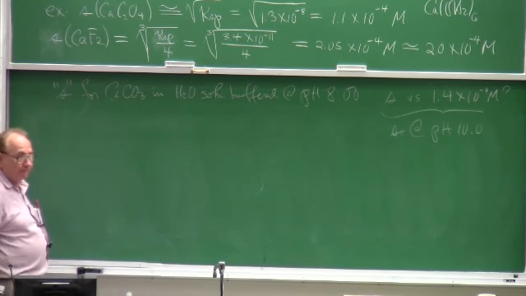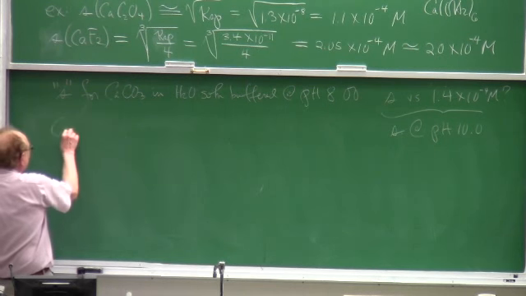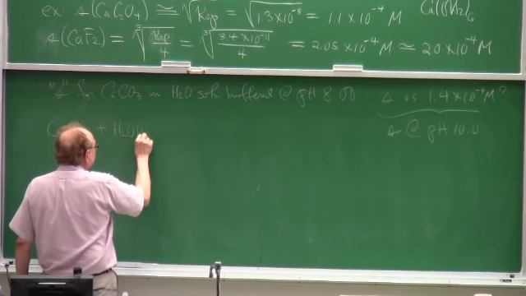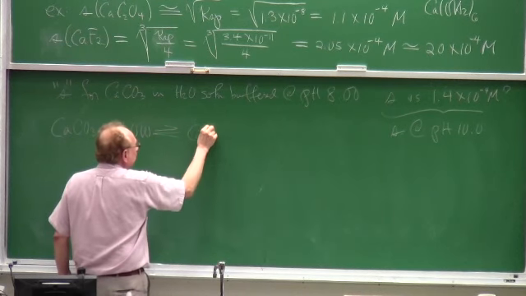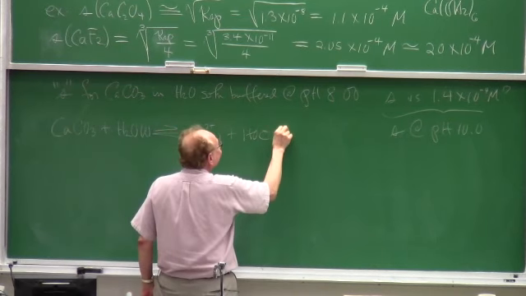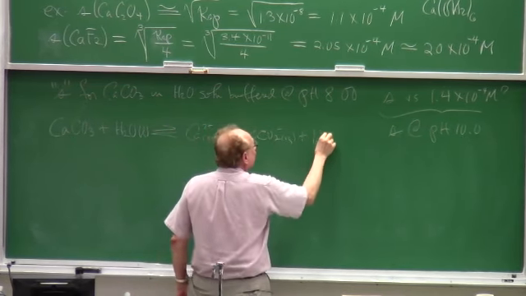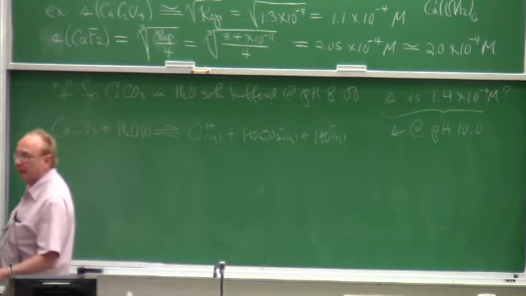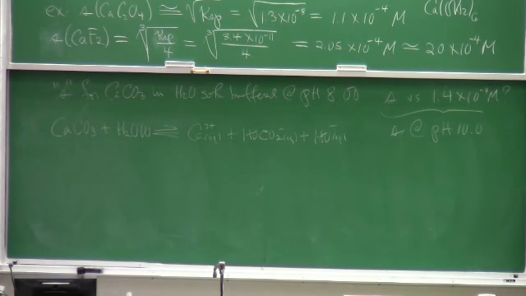To approach this problem, I recommend that we use this equilibrium reaction as opposed to calcium carbonate in equilibrium with calcium ion and carbonate ion, because this equilibrium reaction does a far better job of paralleling the chemistry in this system.